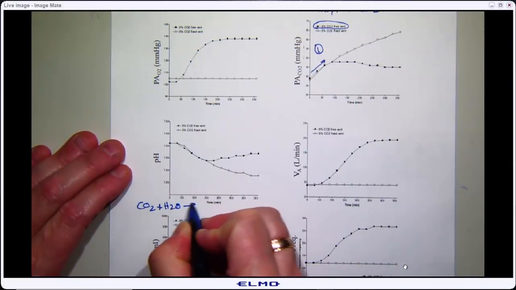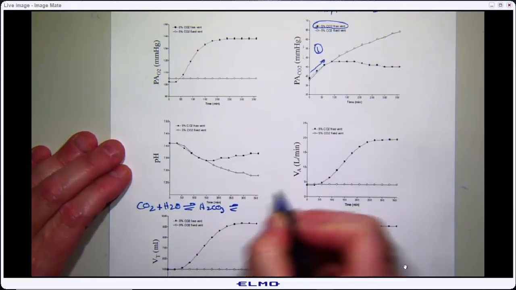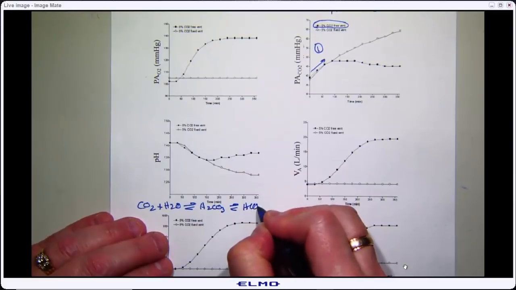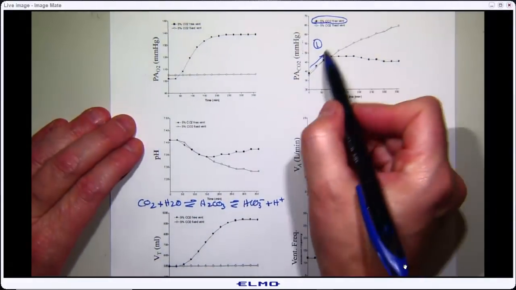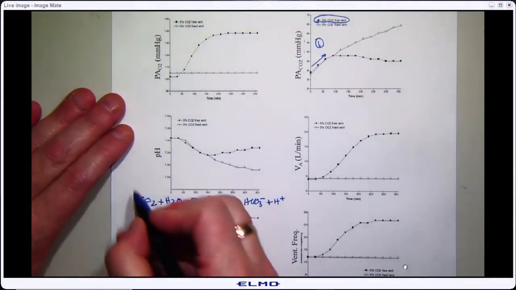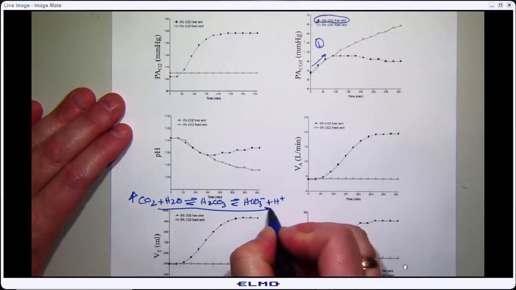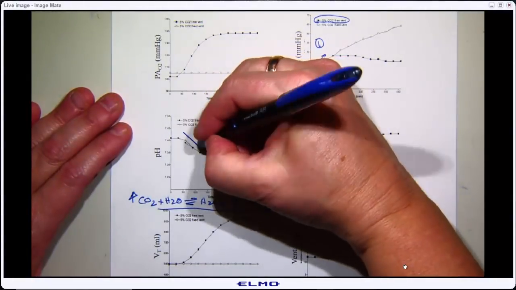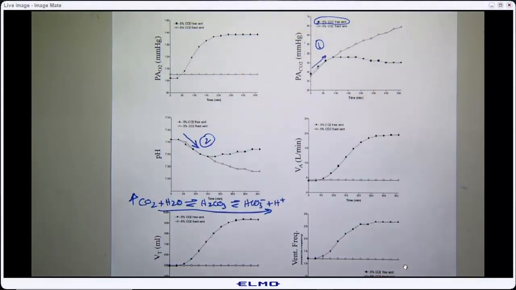If we think about our carbonic acid relationship, if I were to increase my CO2, I'm going to increase my dissolved CO2. And I'm going to push the equation in this direction, just straight mass action. So I'm going to increase hydrogen ion, decrease pH. Okay, so that graph makes sense.